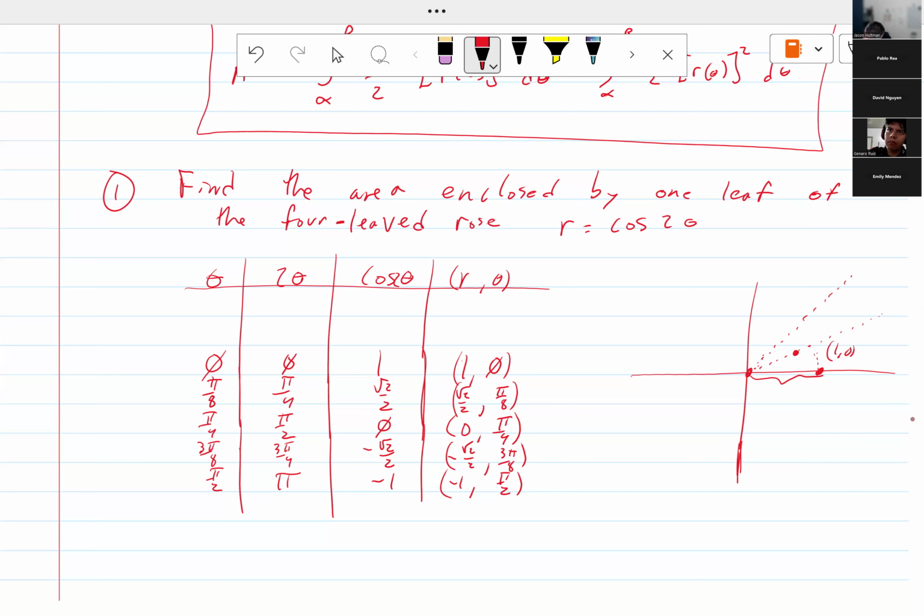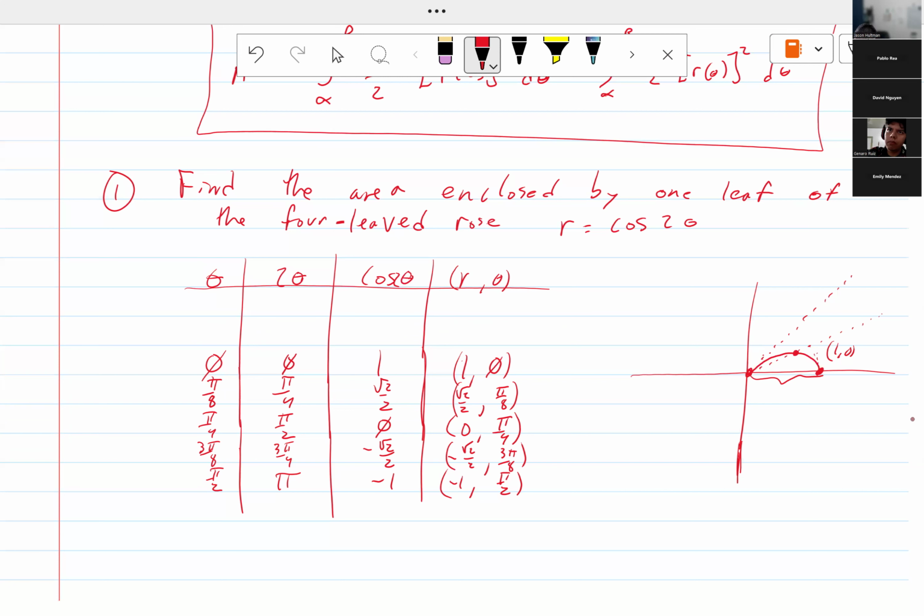Okay, and so what's happening is I'm getting this curve that looks like this. Oops, I don't like that it erases automatically. Okay, so I get this curve. Now what happens next? Well, what happens next is at 3 pi over 8.